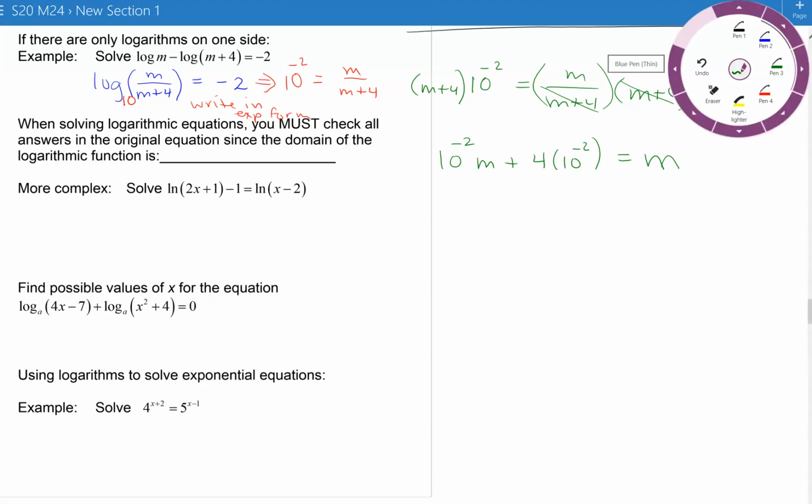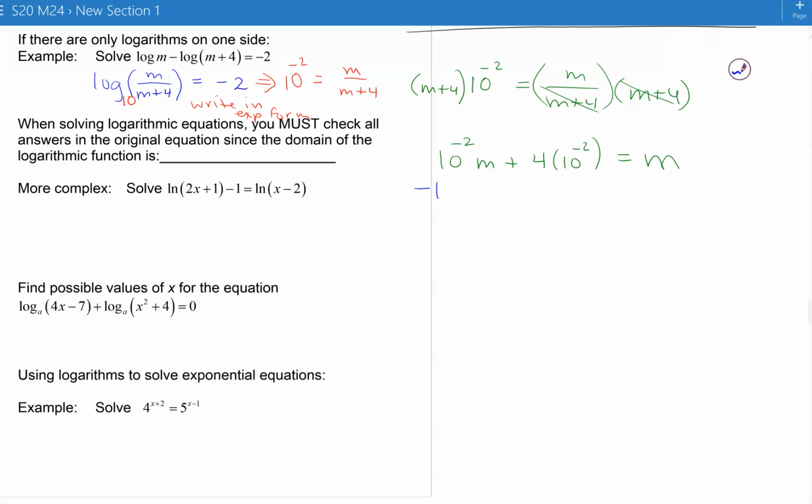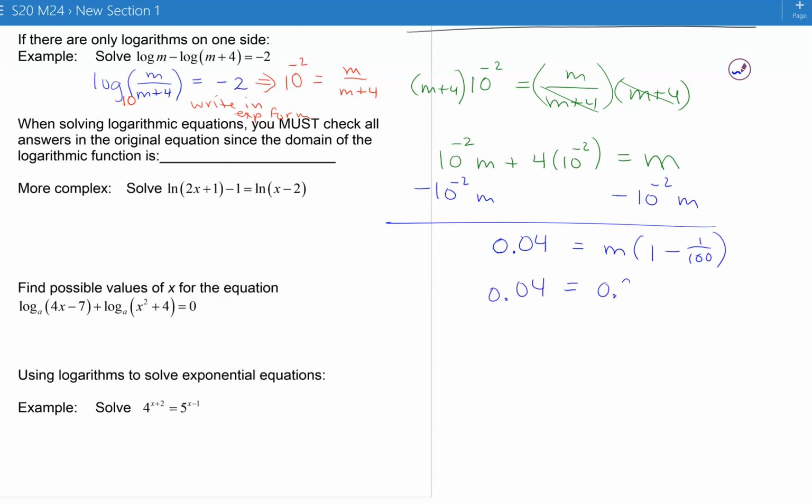And again, we want to get everything with an m on one side. So 4 times 10 to the negative 2, that's 4 times 1/100th, so that's 4 100ths. And we're going to have m times 1 minus 1 over 100. So you're going to have 0.04 equals 0.99 m.